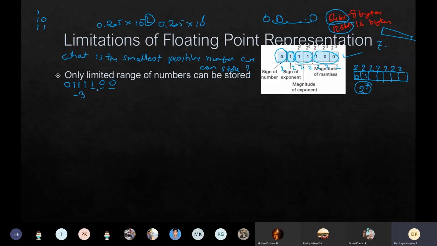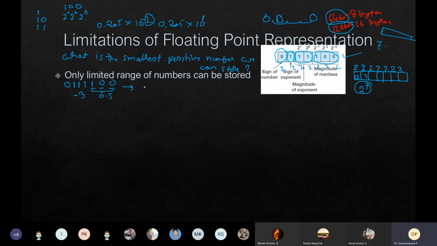For mantissa, you have 1 0 0, and I told you this is 2 to the -1, 2 to the -2, 2 to the -3. So you have 1.5 and nothing. So this mantissa comes down to 0.5.